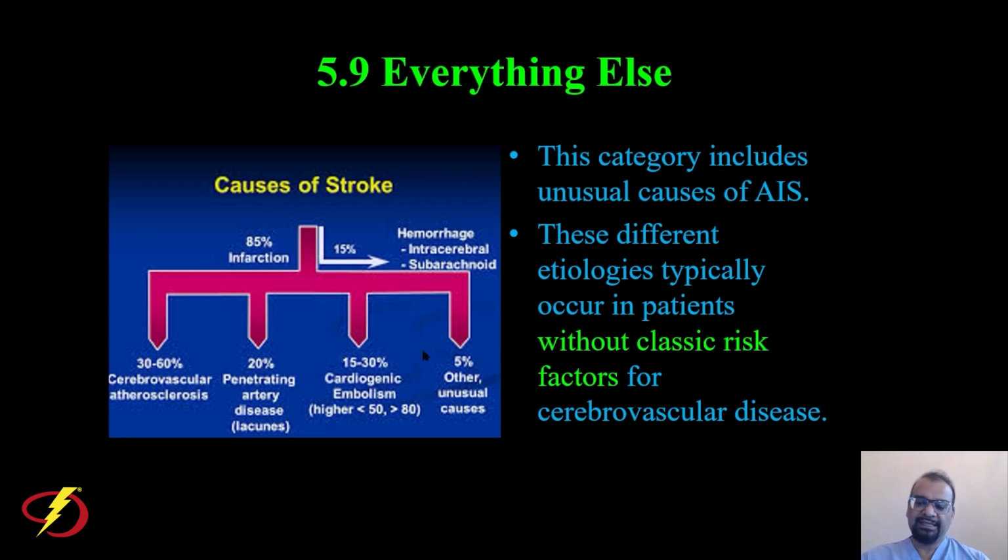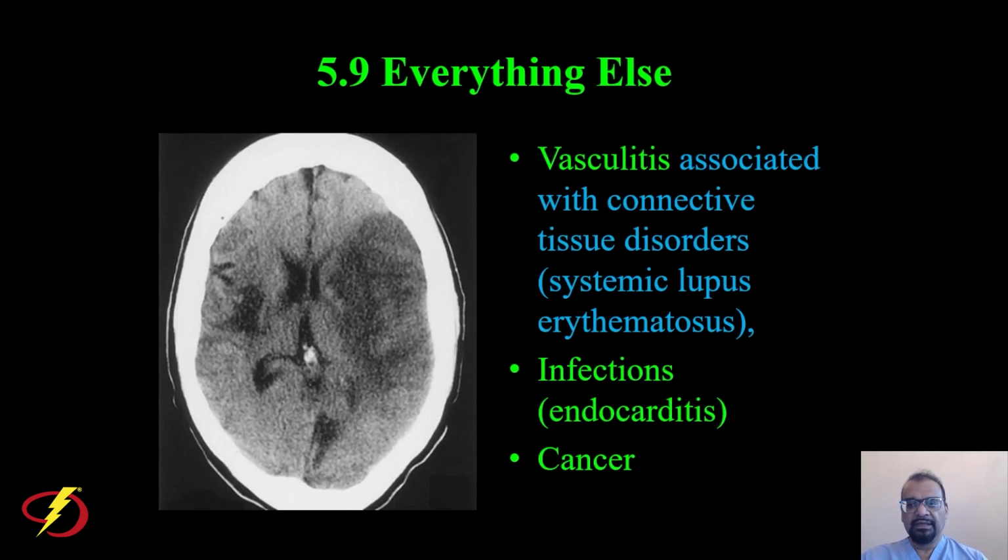And what makes these different from the remainder of the causes is these typically occur in patients without the classic risk factors for stroke. They include vasculitis associated with connective tissue disorders such as lupus. And unfortunately, this is a CT of a patient with lupus who has vasculitis and subsequent strokes. Other things that can cause this are infections such as endocarditis and cancer.